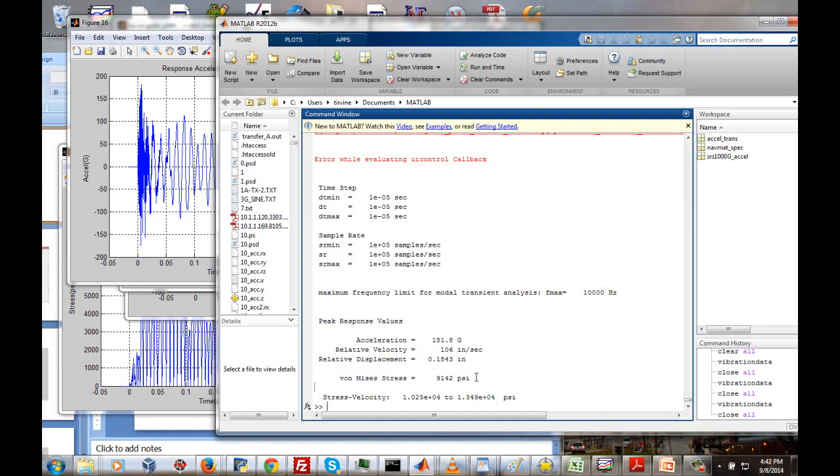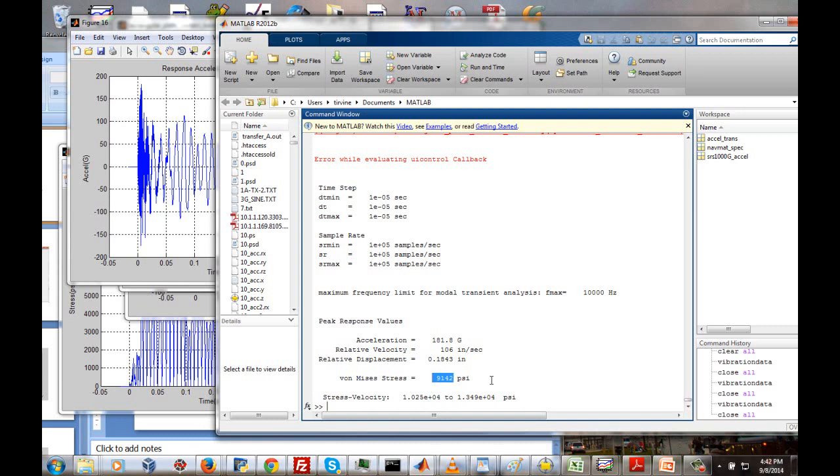So I may need to do a little bit of work there, but it's still in the same ballpark, with the stress-velocity relationship more conservative in this case. But if I were doing this analysis, this value here is what I would use. I would take the von Mises stress.